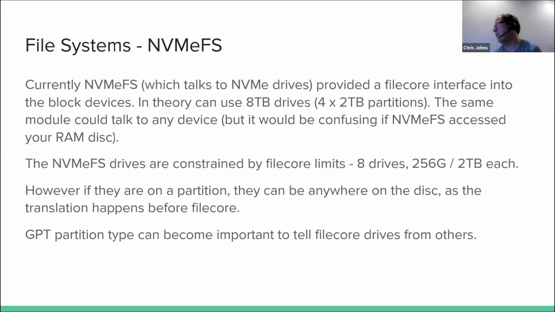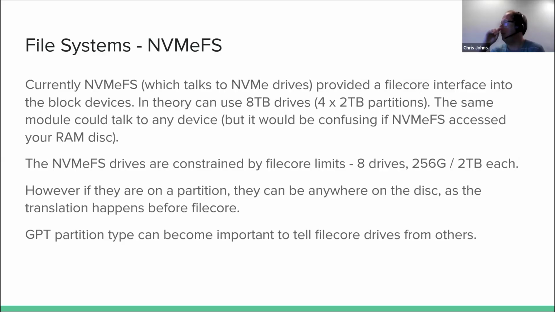Yeah, that's why you have your 8 drive limit. Although NVMe only uses hard drives, so that's where you have four partitions of 2 terabytes on an 8 terabyte drive comes from. I guess you could use 2 of them if you use the floppy drive numbers as well, but I'm not sure what you do with 16 terabytes. I know we're doing 8 terabytes on RISC-OS, but then 16.